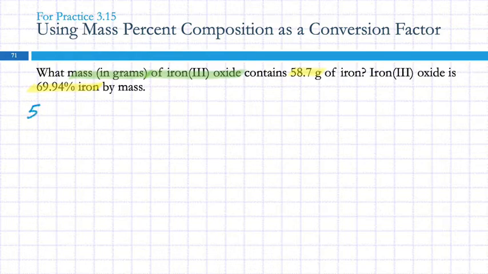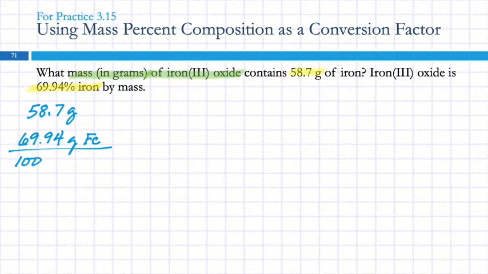So here again, like other times, they've given us 2 numbers to start with. 69.94% iron is 69.94 grams of iron per 100 grams of iron oxide. I don't want to write out the words iron oxide, so I'm going to write its formula.